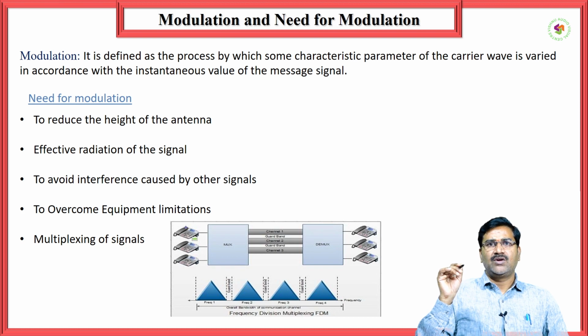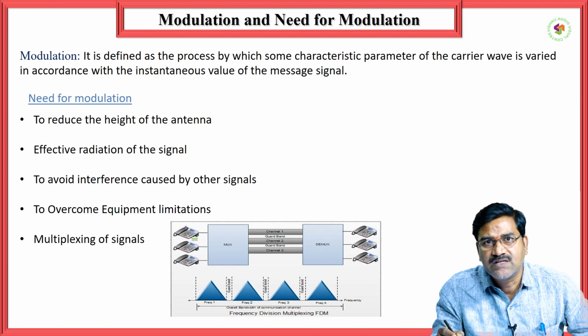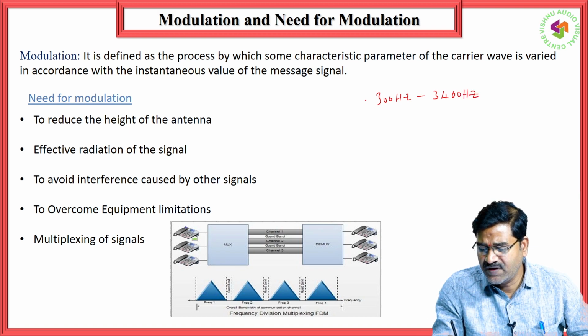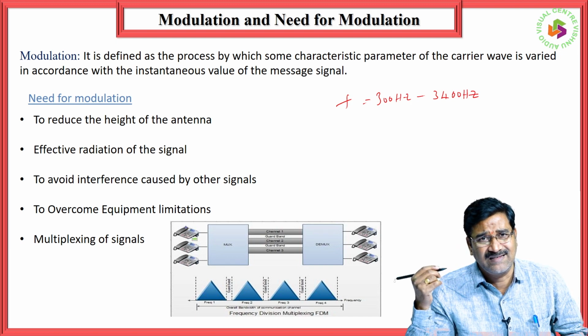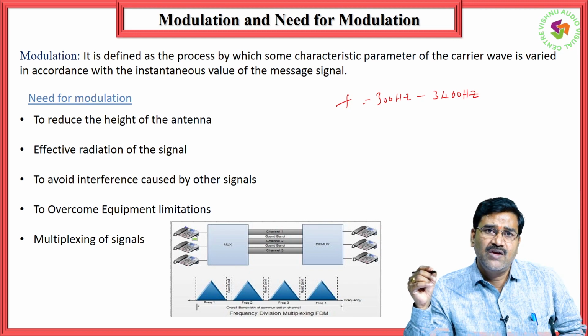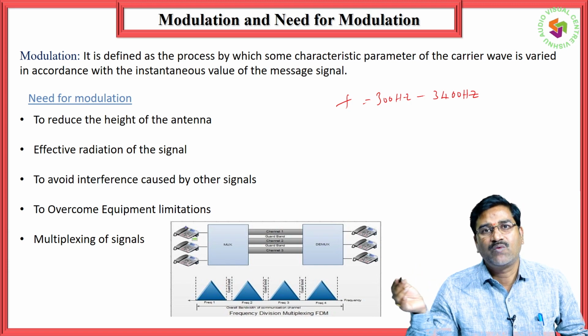We'll discuss. If you look at the human voice signal, its frequencies will be from 300 hertz to 3400 hertz. This is the frequency of the human voice signal. If you want to transmit this signal as it is, and consider the channel as free space, then you require an antenna.